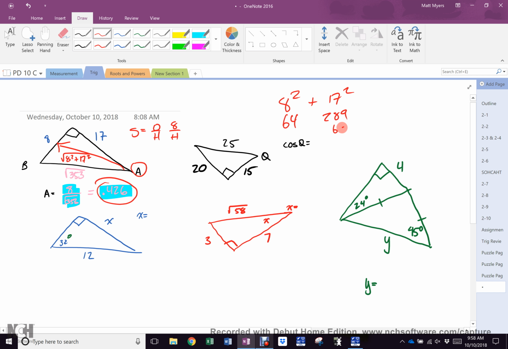Then you add them. 3, carry the 1. 5, carry the 1, 353. It is Pythagoras, the same as it's been for the last 2,500 years. Yes. So shift sine is to find an angle. Shift sine finds angles. And sine finds sides, which is in your notes and on the videos.